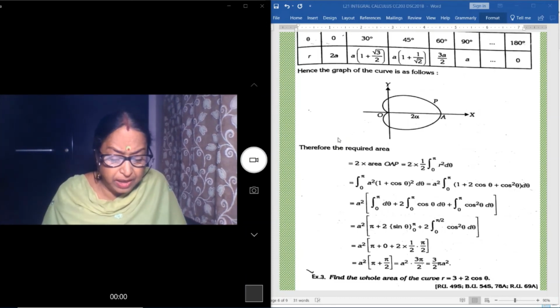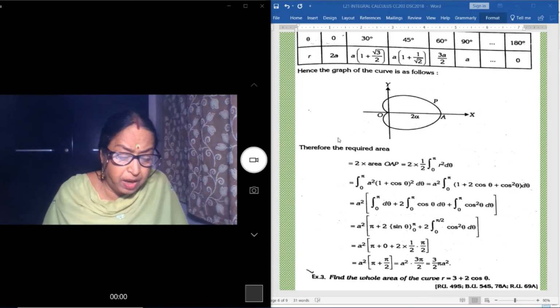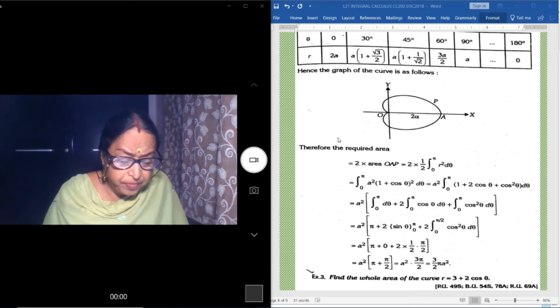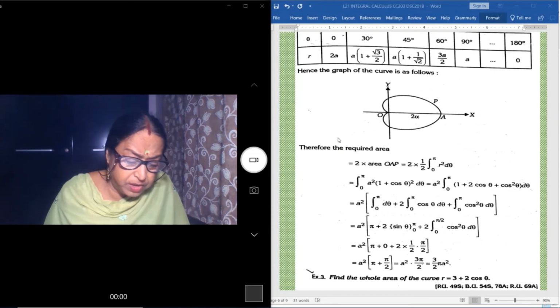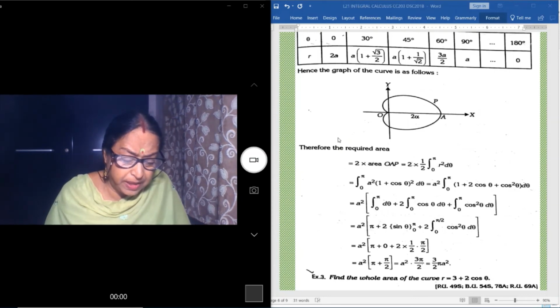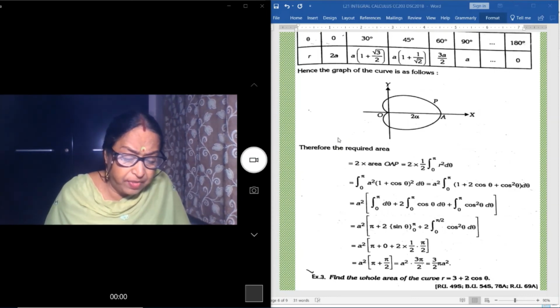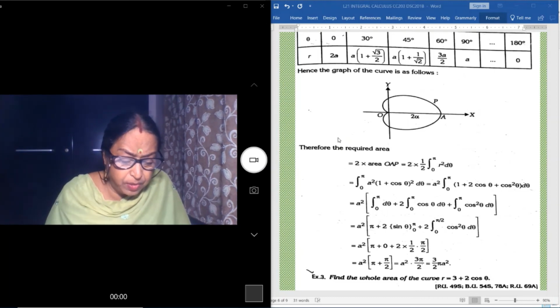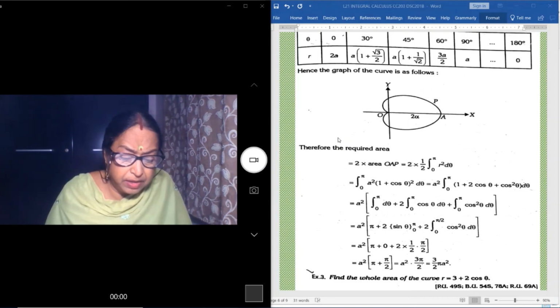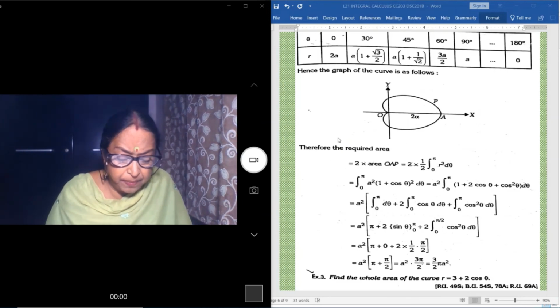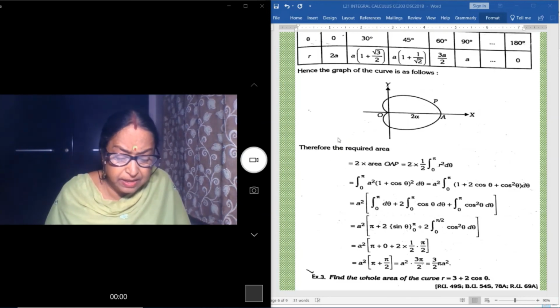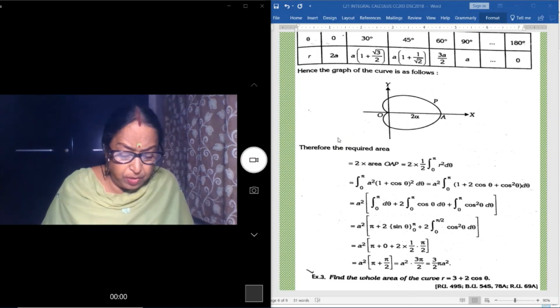Find the value of the area. It is 2 into the area of OAP. Here also, half r square d theta, theta varies from 0 to pi.